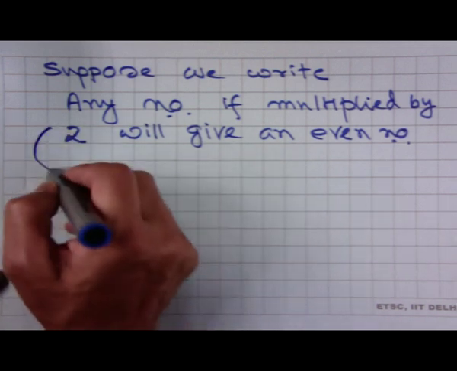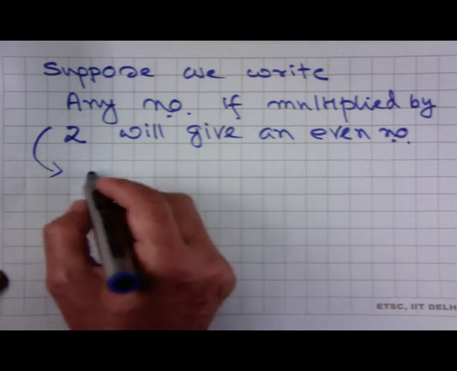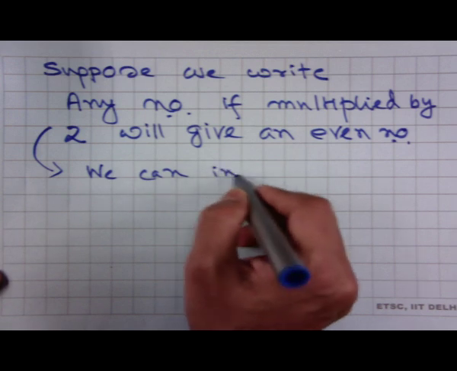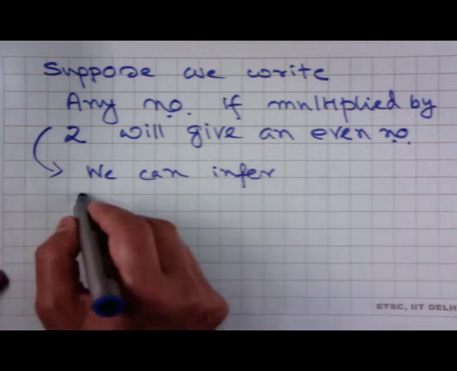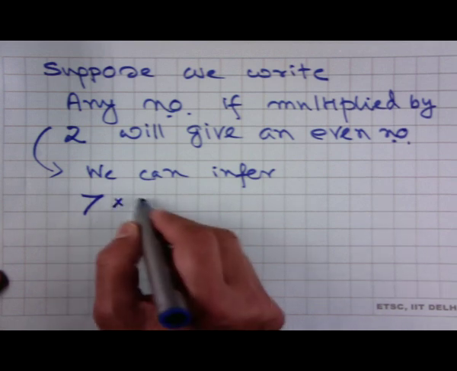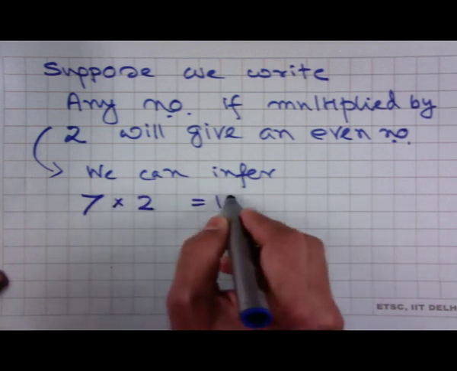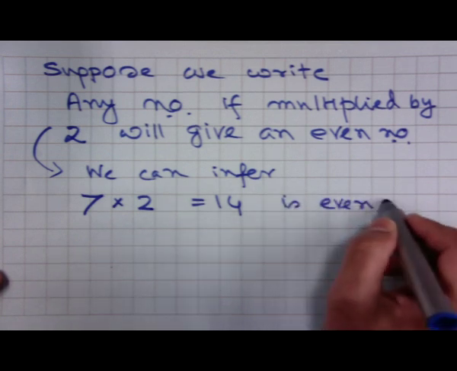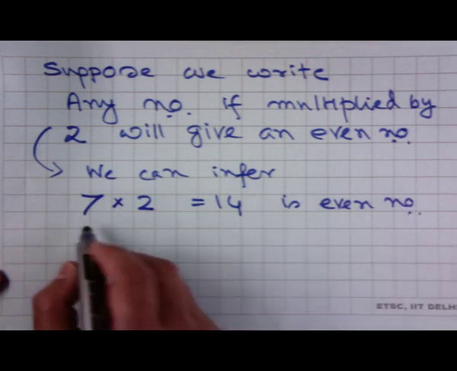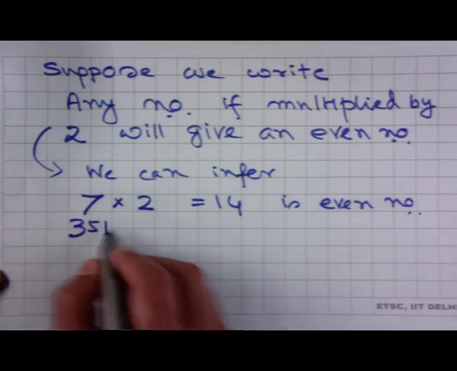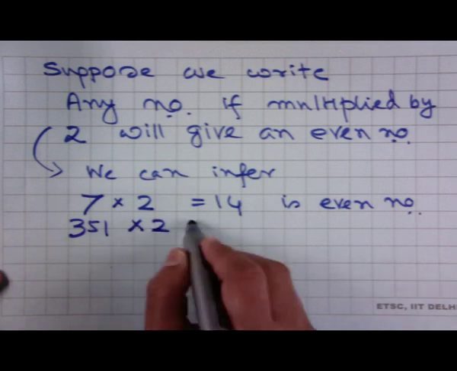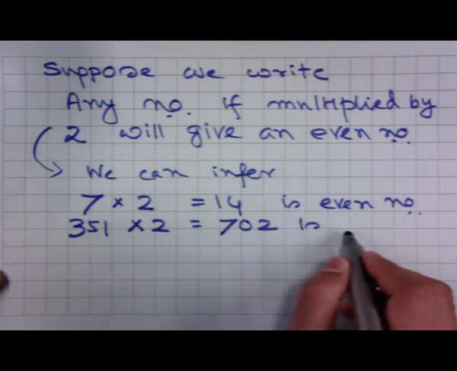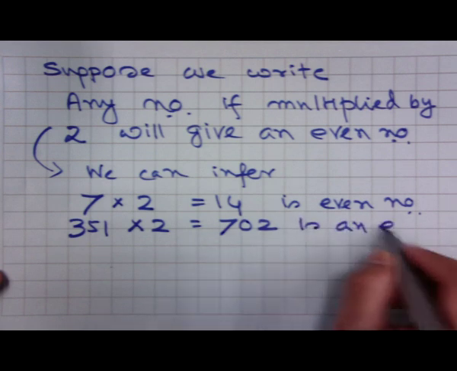Then from here we can infer that seven multiplied by 2 is equal to 14, which is an even number. 351 multiplied by 2 is equal to 702, an even number.